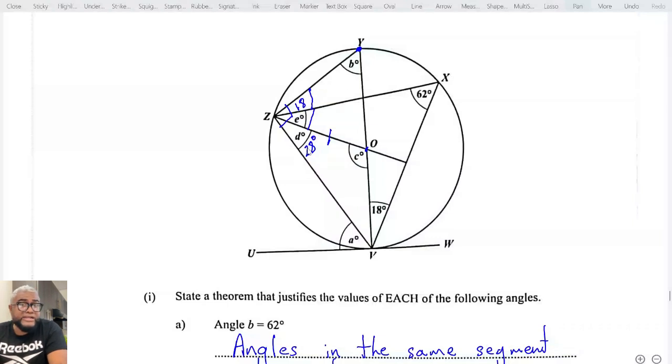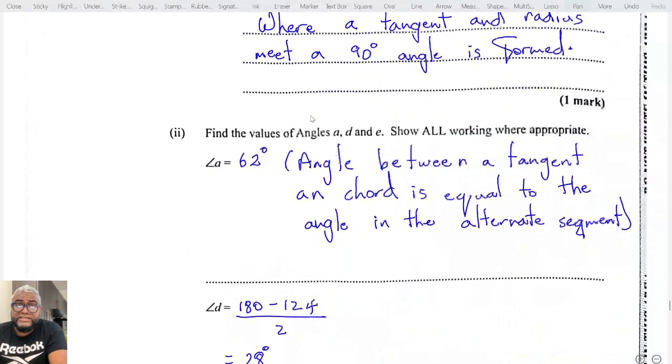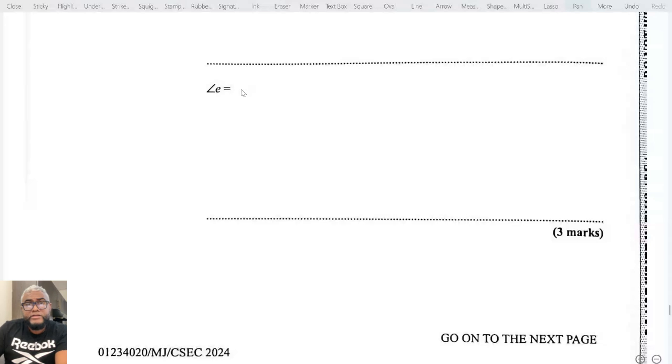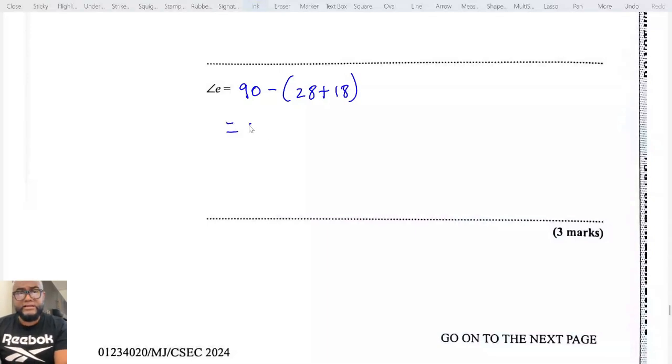So 90 minus 28 plus 18 would give me this missing angle here. So let me put that as our working. E is equal to 90 minus 28 plus 18, which will give me what? 80? No, that can't be 80. 44. Yeah.